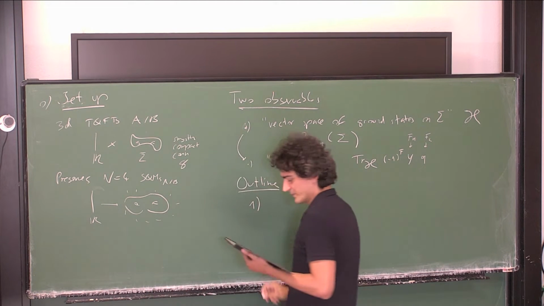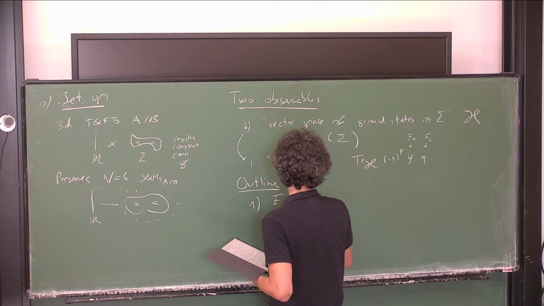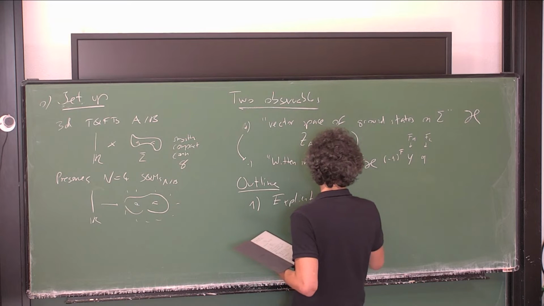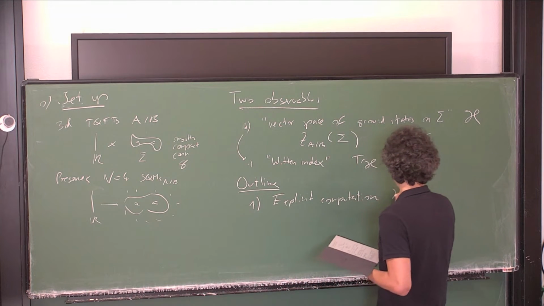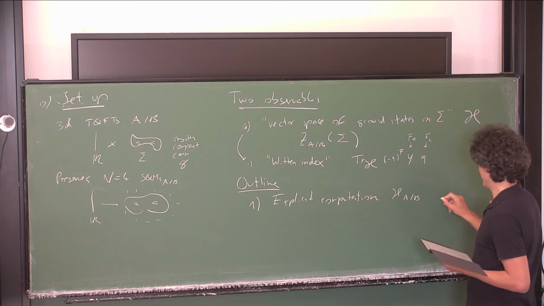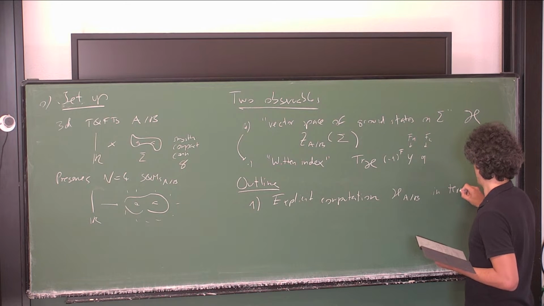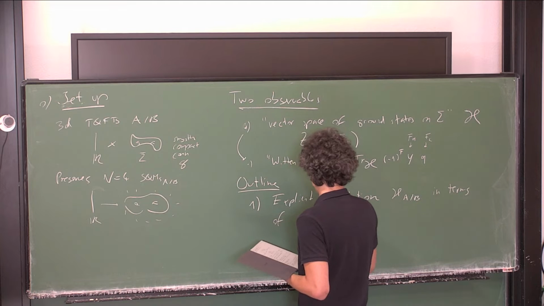So my outline will be, one, to provide an explicit computation for H_AB in terms of vortex equations data.